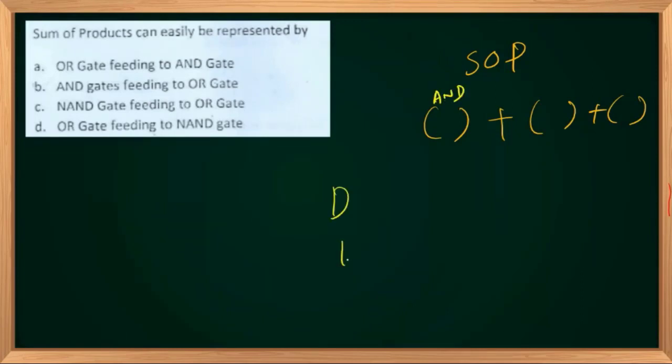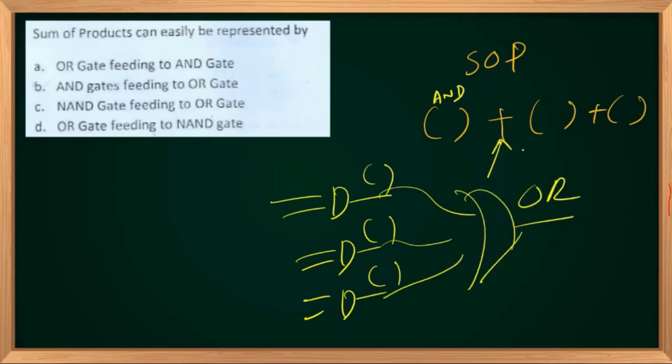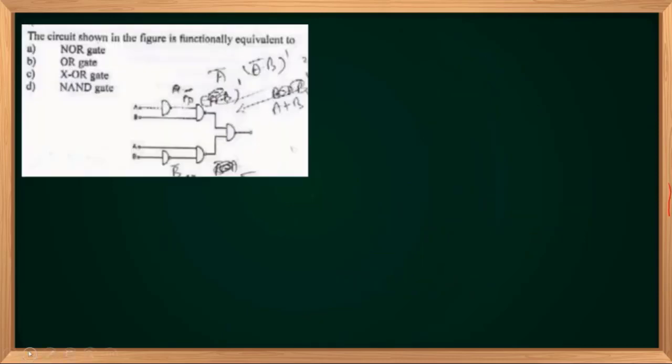So we'll have three different ANDs, which give me the product terms. That I'll feed to an OR gate. So AND gates are feeding the OR gate. So the second option is correct. Clear? Very simple.